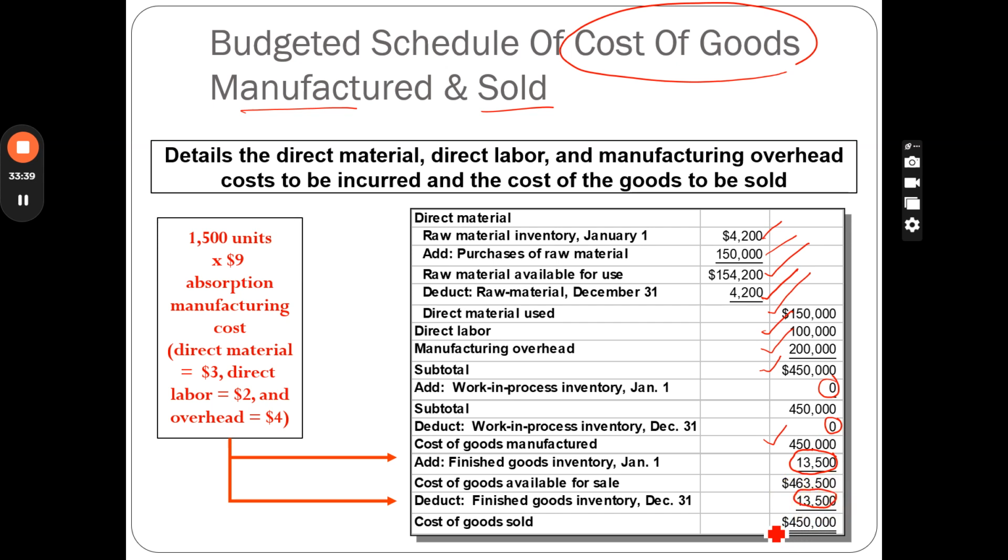Then you will get cost of goods sold. So always opening inventory we will add, and closing inventory, whether it is finished goods, work in progress, or raw material, we will reduce, and this way you will get the cost of goods sold. So all this information we are taking from our budgets, right?